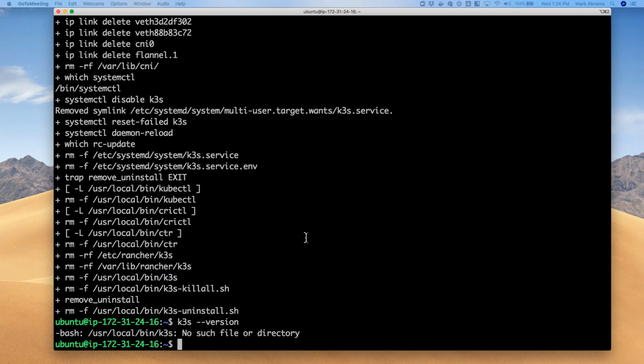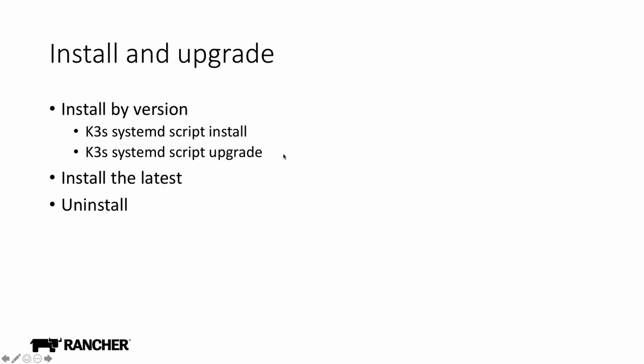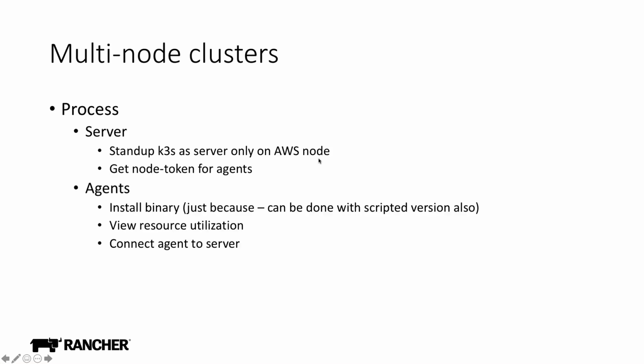So now what I want to do is actually show you a multi-node cluster. Let's go back to our presentation. Before I go through each section, I just want to run through what I'm going to do so you can follow along a little easier. So multi-node clusters. The process is that we're going to stand up one server as a K3s standalone server with no agent.